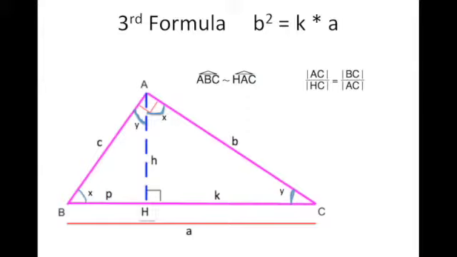And if we represent the equation with the letters assigned before, it will become B divided by K equals A divided by B. And once again, if we do the cross multiplication of the equation, it will give us the third formula of the theorem, which is B squared equals K times A.